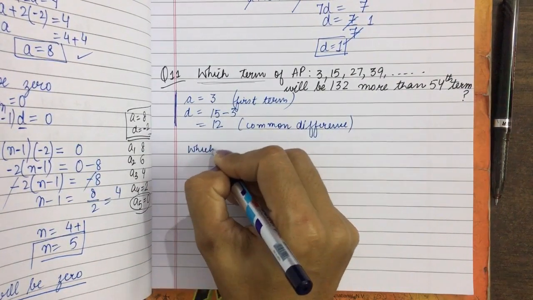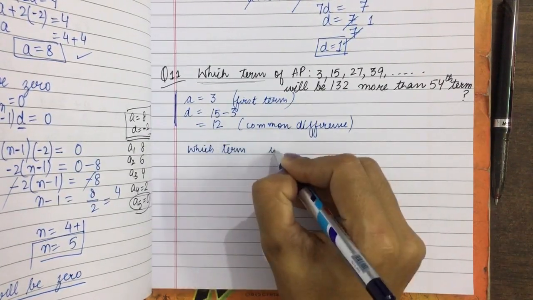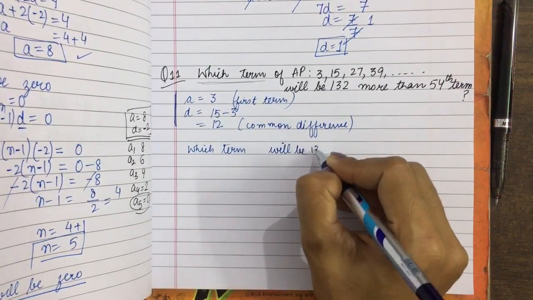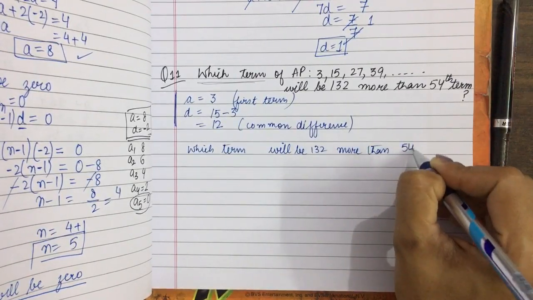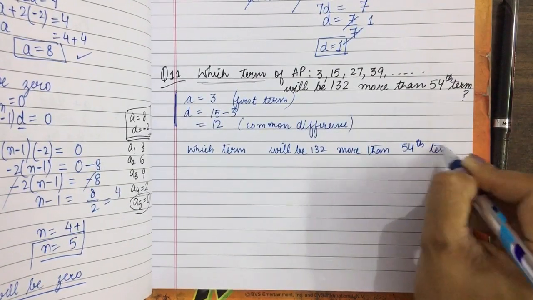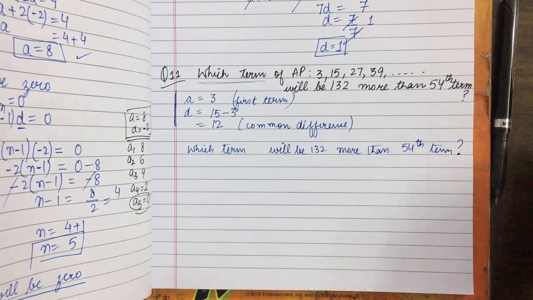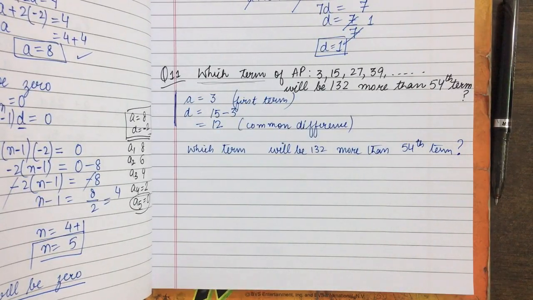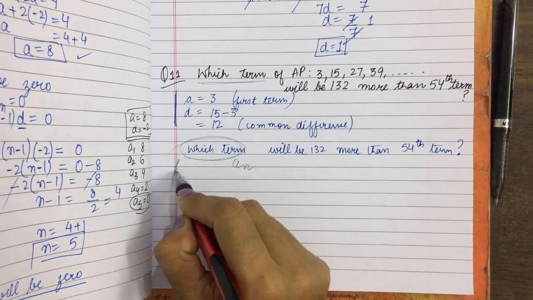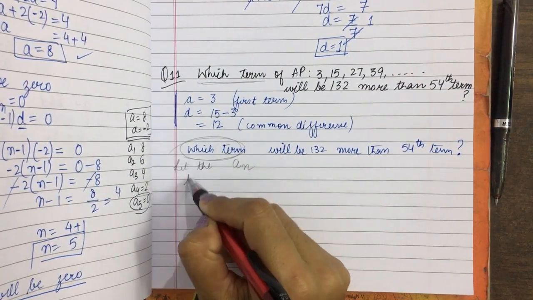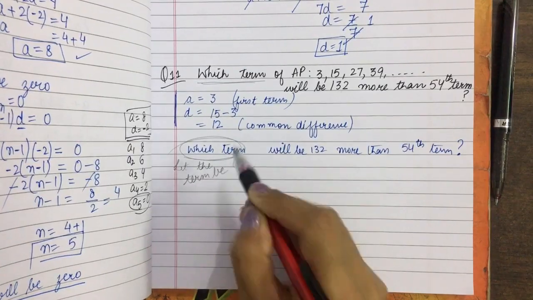They are saying which term will be 132 more than the 54th term. So this is what the question is. And what I'm going to do here is assume that the term is AN. Let the term be AN.